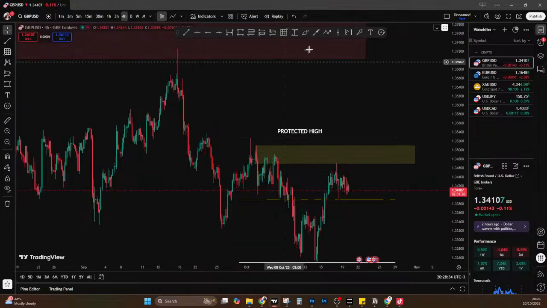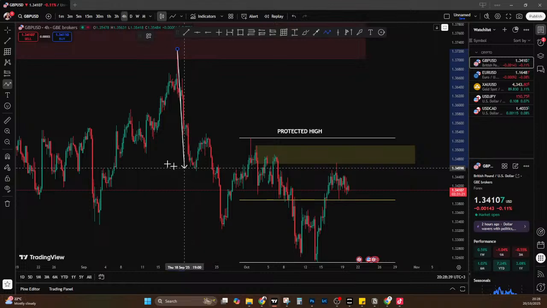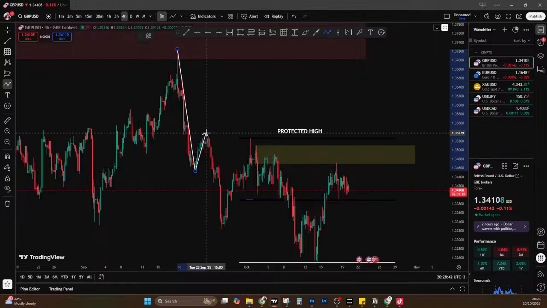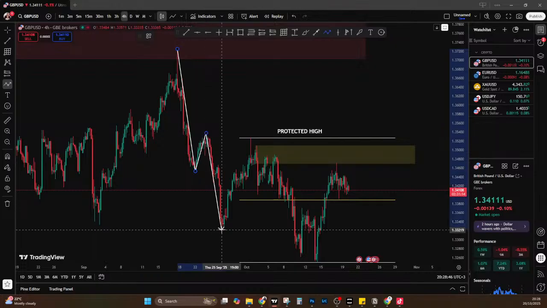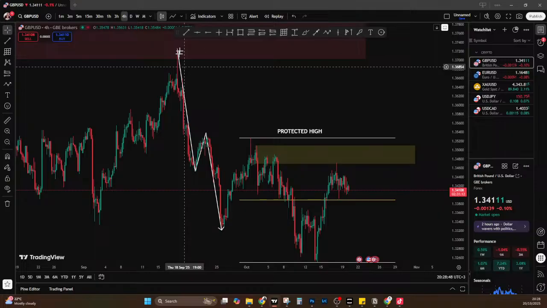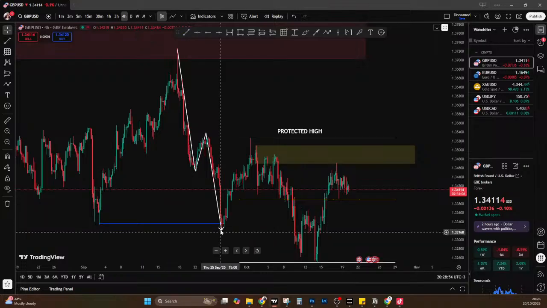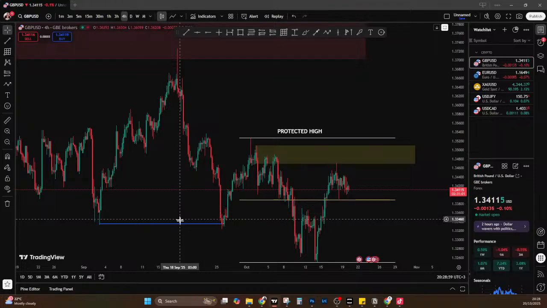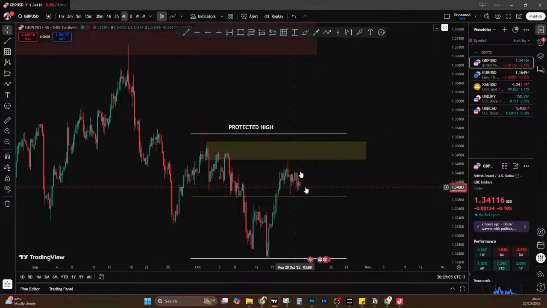If you look at this move here, the market came, broke this low, retraced, and well, this was a liquidity sweep, but still works as a BOS. Can you see that one there? That one.